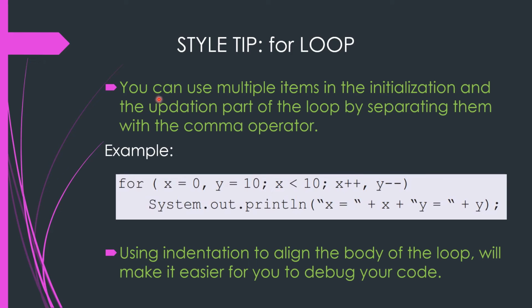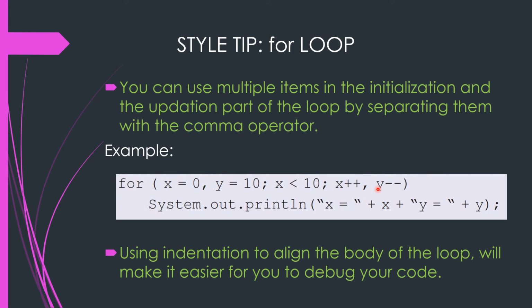Then, you can use multiple items in the initialization and the updation part of the loop by separating them with the comma operator. As I just told you in the beginning of the for loop, there are three parts of the for loop. First of all, we initialize, then we provide the test condition, and after that we provide the updation part.